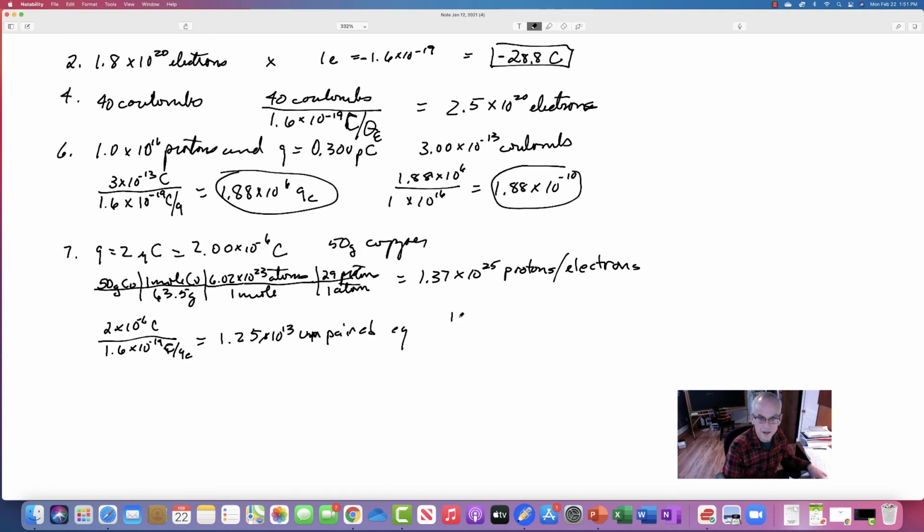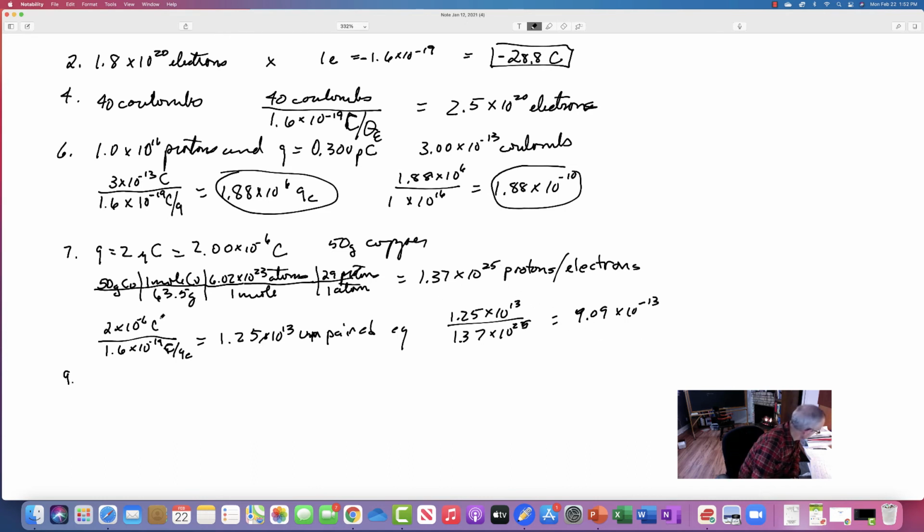So that number of unpaired equivalents divided by the total tells you the fraction that is unpaired. And so that's 9.09 times 10 to the minus 13. So that is the fraction of unpaired protons you would have to have in order to have this charge. That's a large number of unpaired electrons, but there's a huge number. That's what makes the fraction so small.